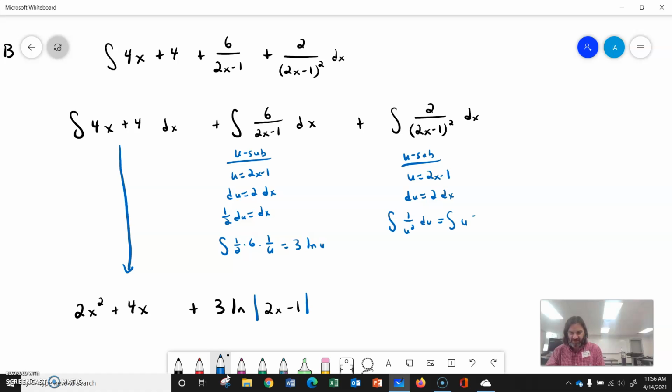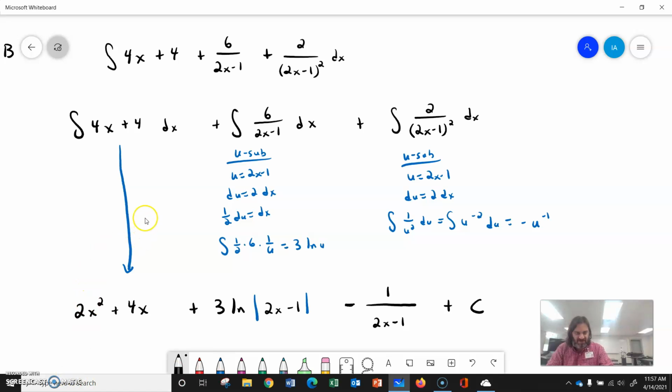That's the integral of negative u to the negative 2 du, which is negative u to the negative 1. So we'll rewrite that as negative, with the negative in front, and u to negative 1, so that'll be 1 over 2x minus 1 for the u, and then a plus c at the end.